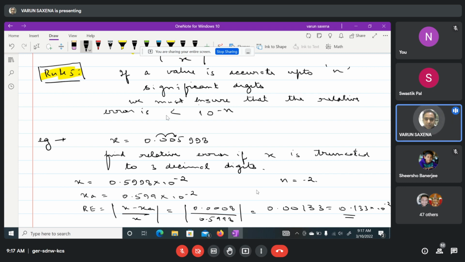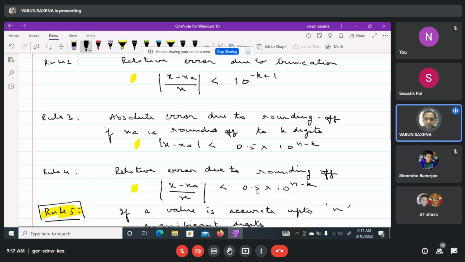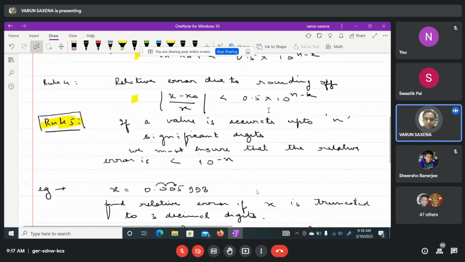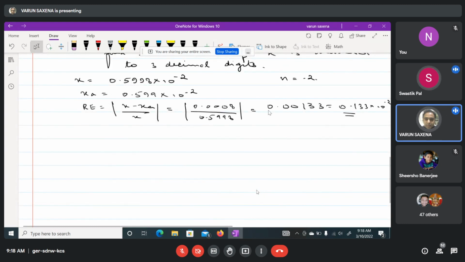Now let's look at the rule. So relative error due to truncation is this, right? So relative error will be less than 10 to the power of -k plus 1, right? So the rule says that your RE should be less than 10 to the power of -k plus 1. And in this case, k is 3 because we have truncated it up to 3 decimals.